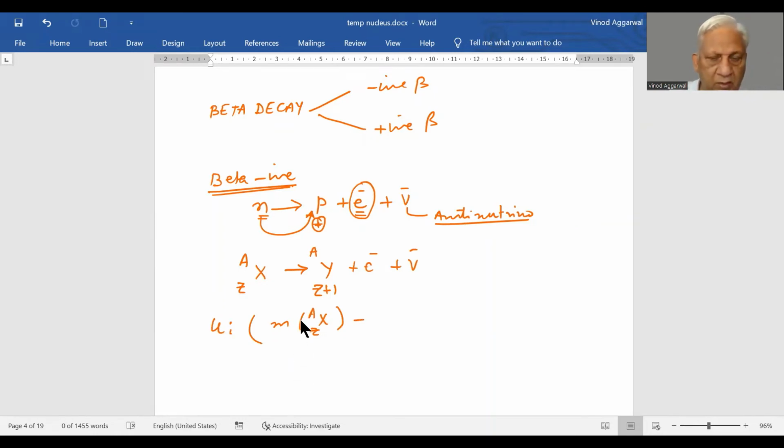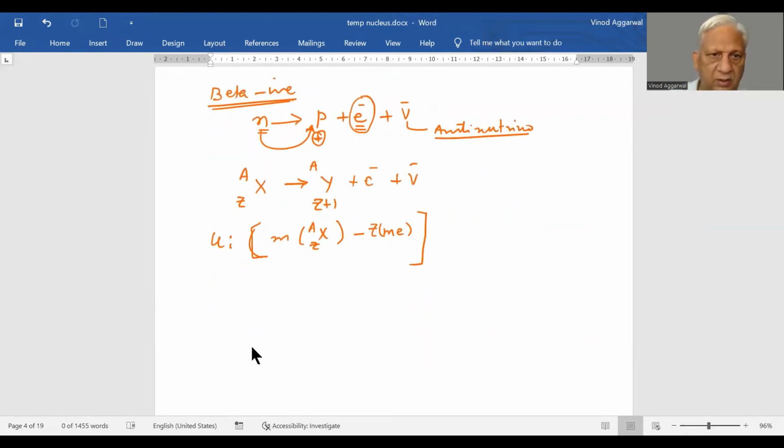now what we are trying to find out is the mass of the nucleus. This is the mass of the atom. So we have to subtract the mass of the electrons from it. And how many electrons are there? It is the same as the number of protons. So if we take out the mass of electrons, this is the mass of the nucleus initial. And what is the final rest mass?